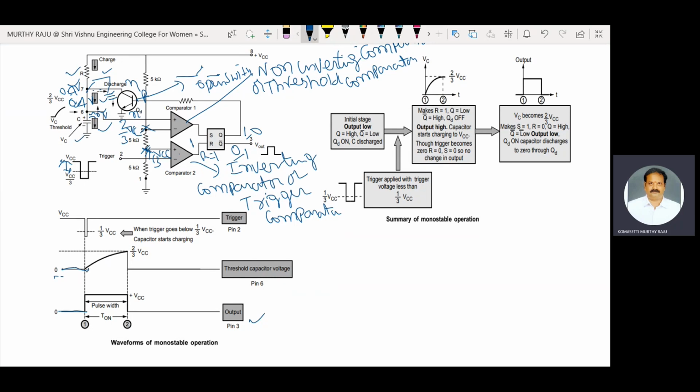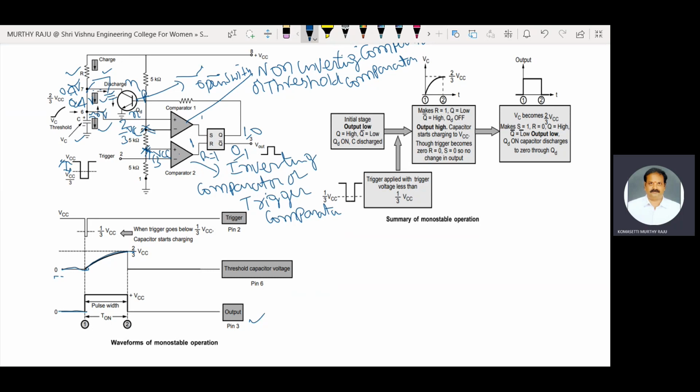The capacitor is charged towards 2/3 VCC. Whenever the capacitor voltage crosses 2/3 VCC, the capacitor voltage, connected to the threshold terminal of comparator 1, that is the non-inverting terminal of comparator 1, crosses 2/3 VCC.